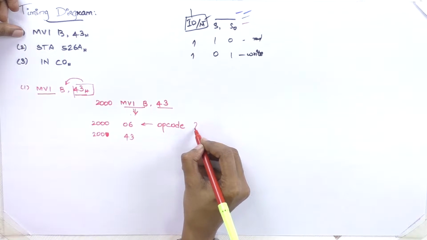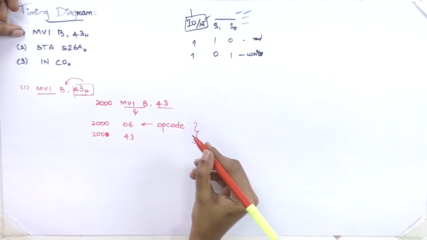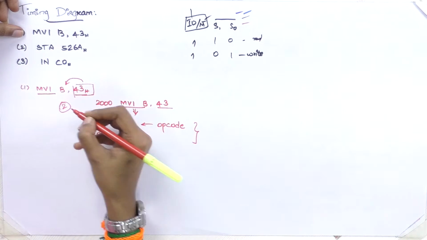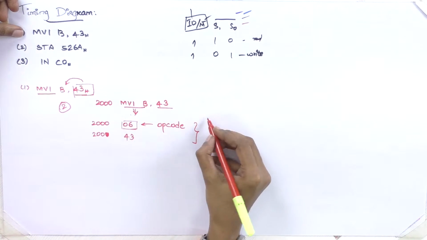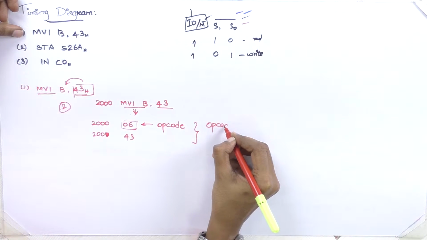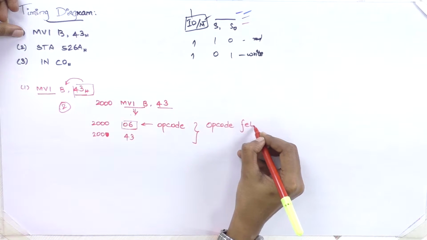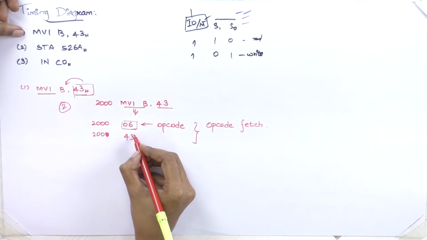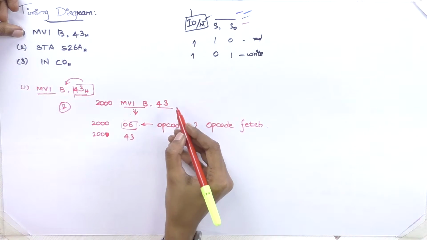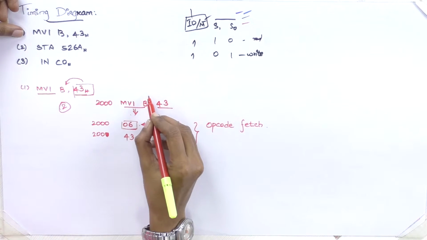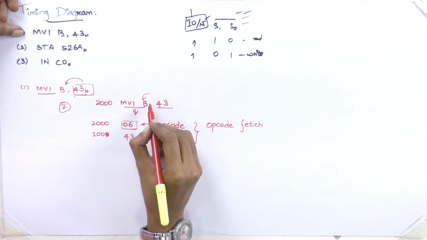Now tell me what machine cycles it requires. It totally requires 2 machine cycles. What are they? This is the opcode. To read the opcode, you have to perform the opcode fetch machine cycle, right? And the next thing: by seeing this opcode, it knows that you have to transfer some value to the B register. That's all it knows.